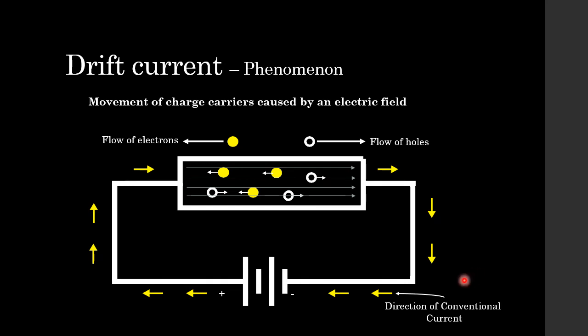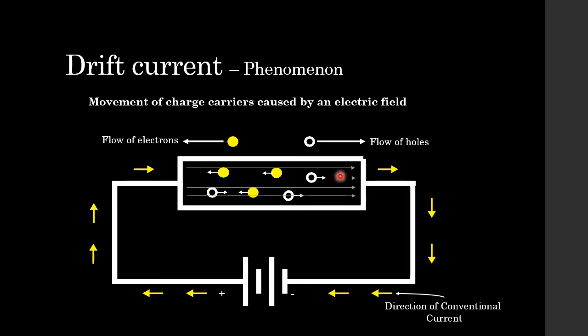So looking at this picture that I've drawn before you, we have a battery over here connected onto a semiconductor, positive terminal, negative terminal, and this battery establishes an electric field, these gray lines, within our semiconductor.